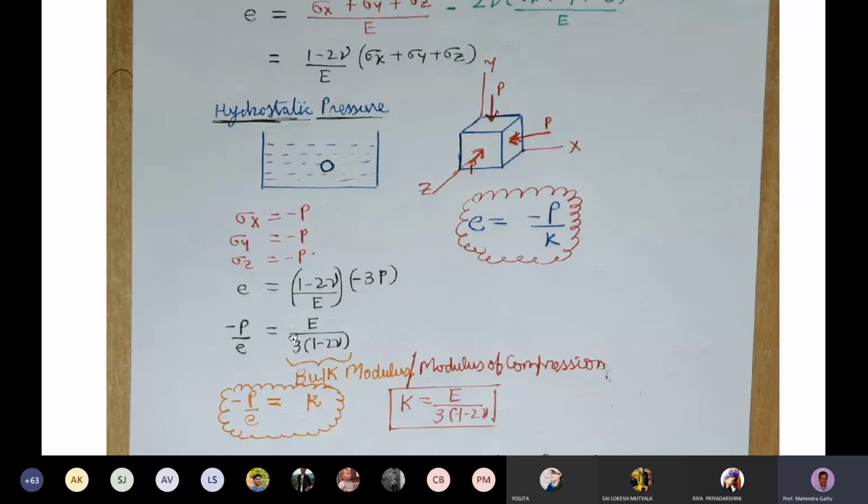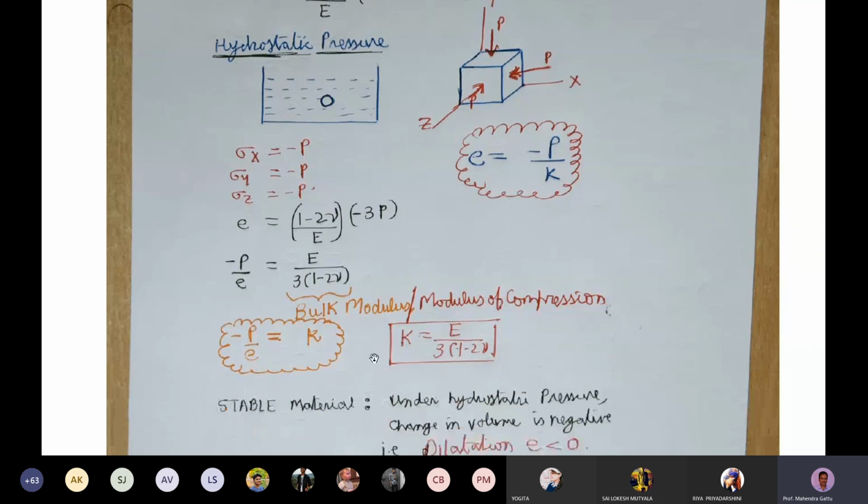So E is equal to minus P by K. When you have a high bulk modulus, the dilatation, that is the change in volume, will be less. And if the bulk modulus is less, then this value will rise, and the dilatation will be high. So we define that quantity K, the bulk modulus, as E by 3 of 1 minus 2 nu.